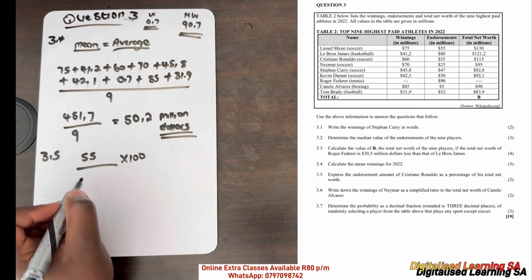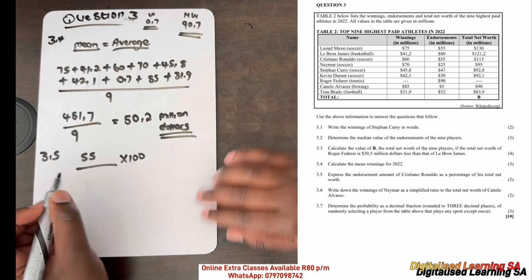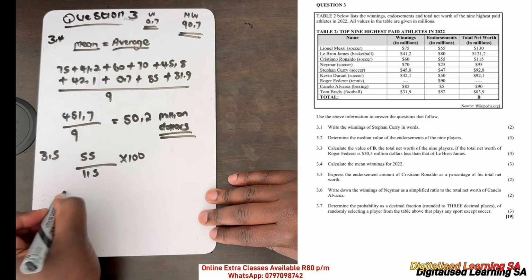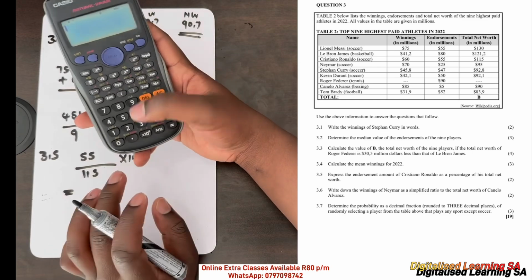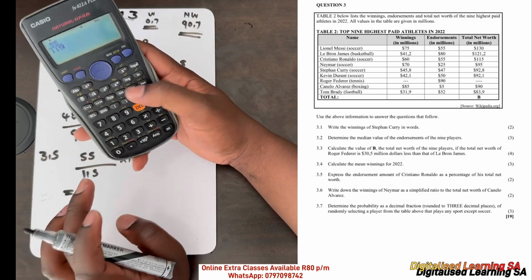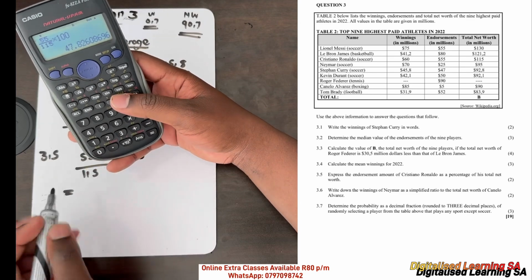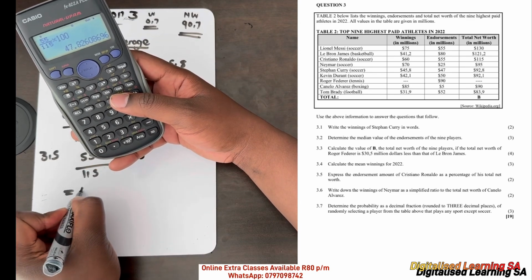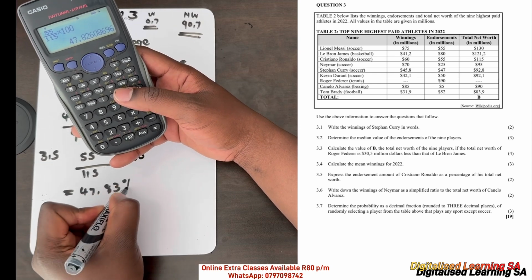Once we see as a percentage in the question, it means that we need to multiply by 100, because the answer needs to be in percentage form. Cristiano Ronaldo's endorsement amount is 55, and his total net worth is 115. So it will be 55 divided by 115 multiplied by 100, which is 47.83%.